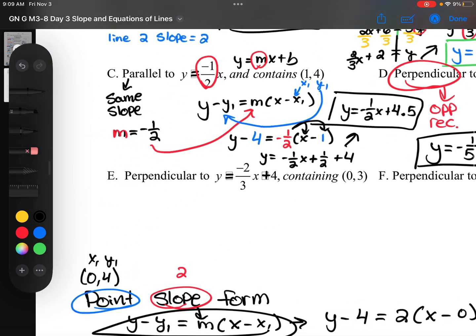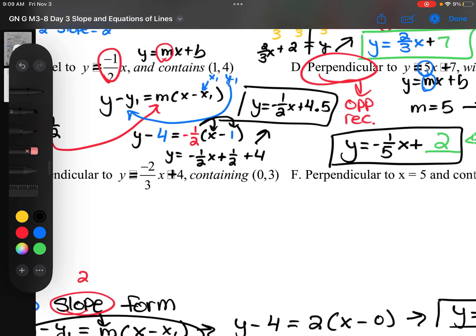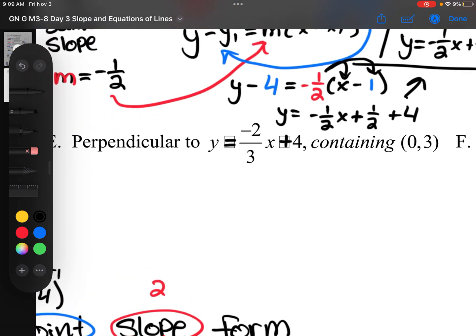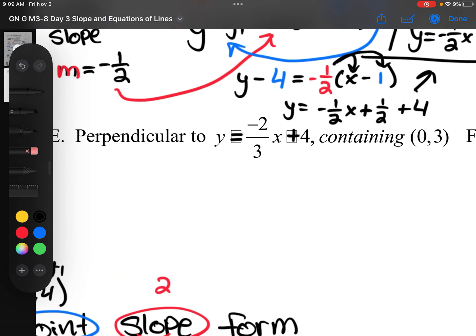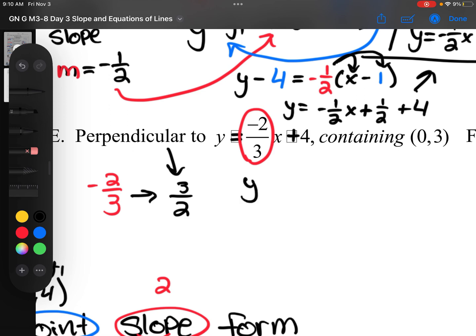All right. So perpendicular to this one, containing that point. So we have to do perpendicular. My slope in this line is -2/3. Okay, so the slope for a perpendicular line is going to need to be 3/2, because that's the opposite reciprocal. So we have y minus y1 equals, using that point-slope form.